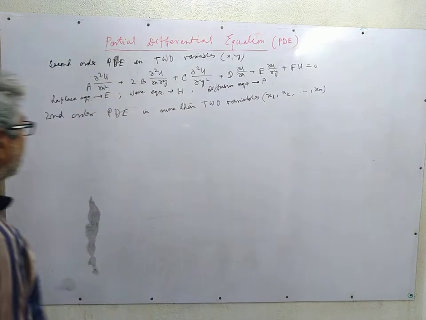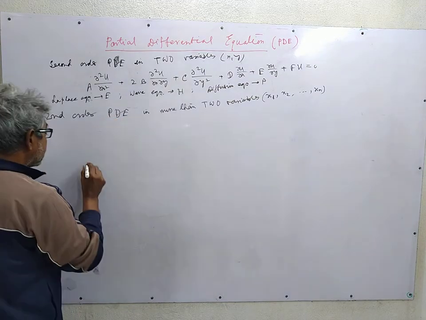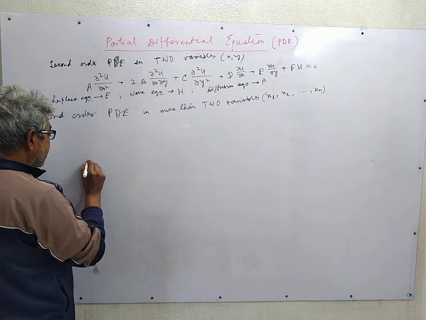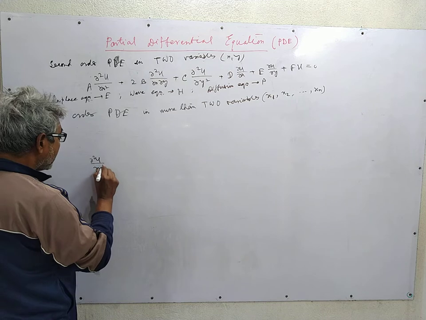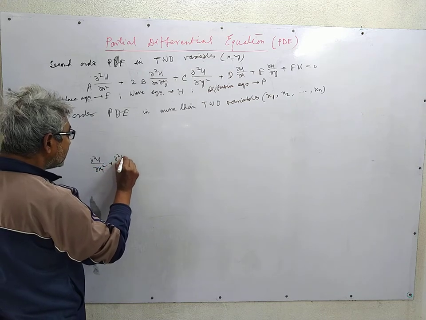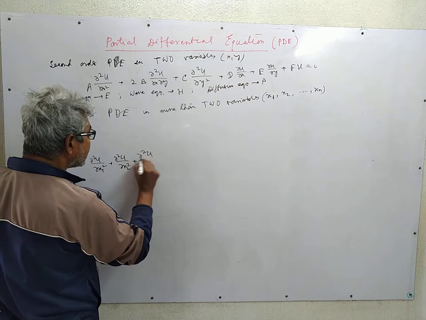So the differential equation may be, if we take the example n is equal to 3, then it may be the second derivatives del 2u del x1 2 and so on.